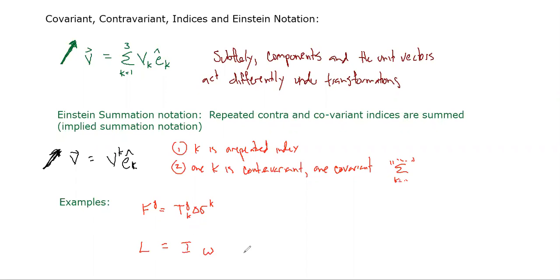Come up with some components and put them down, make sure that you know where they go. And let's say that we want to sum over, let's just call this I. And I know that's upstairs because those are components of a vector.